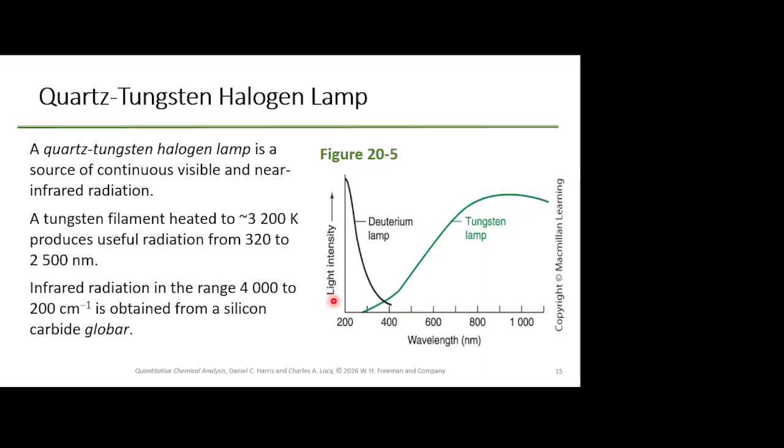And so it gives a pretty nice, consistent frequency here. Now, the infrared radiation in the range from 4,000 to 200 wave number is actually obtained typically from a silicon carbide glow bar. That's what that's called. Okay. That's the majority of instruments nowadays.